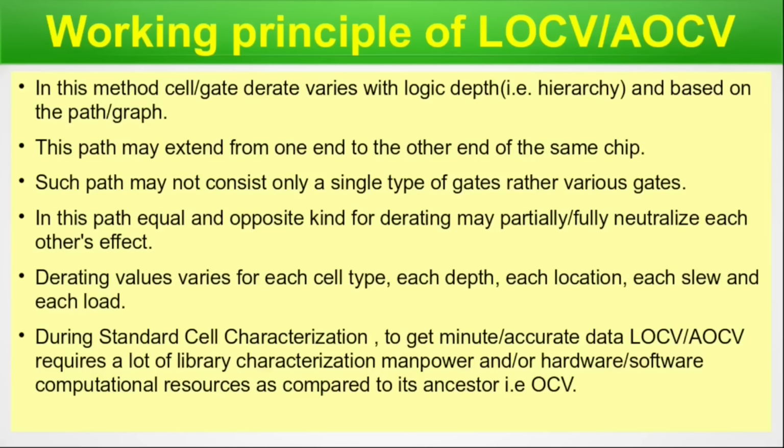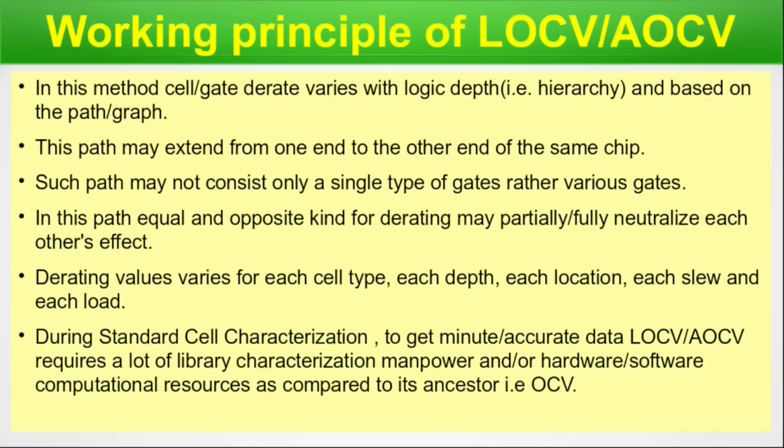For this LOCV or AOCV, we require a huge amount of manpower and hardware or software resources. Manpower in the sense of more man days rather than more people. It counts more man days, that is work weeks, spent here on standard cell characterization.